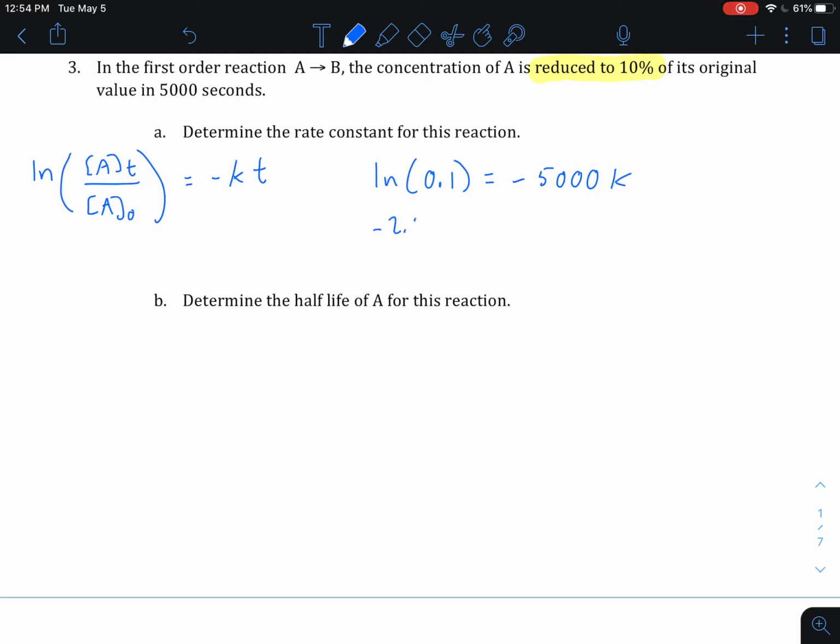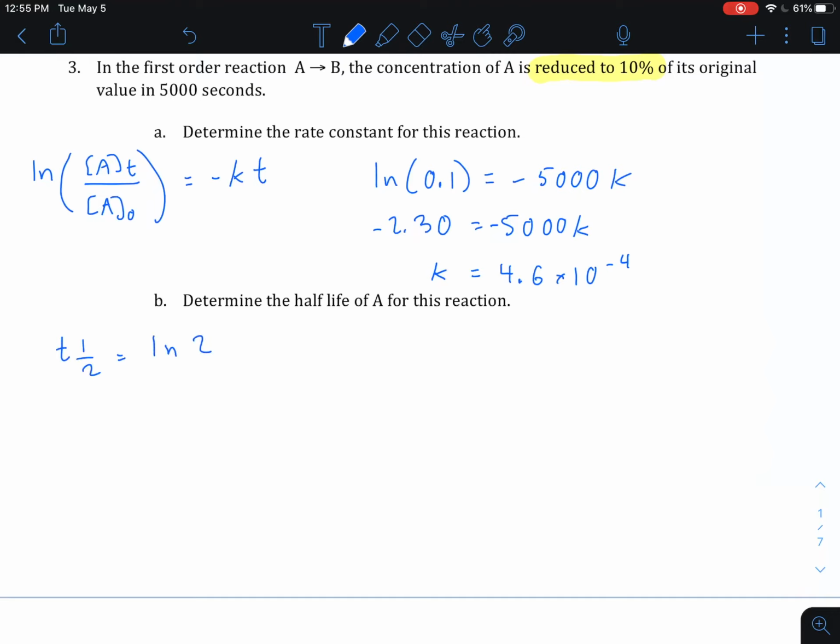And when I get the natural log of 0.1, that's negative 2.30, and that equals negative 5,000 k. So now we can just divide both sides by negative 5,000, and that'll give us k. I get 4.6 times 10 to the negative 4 as my rate constant.